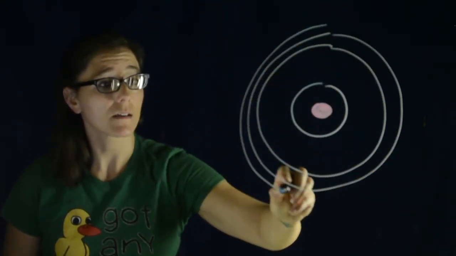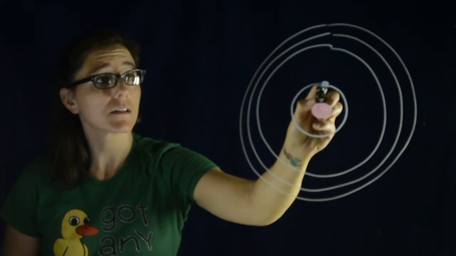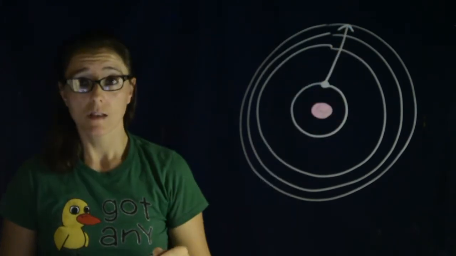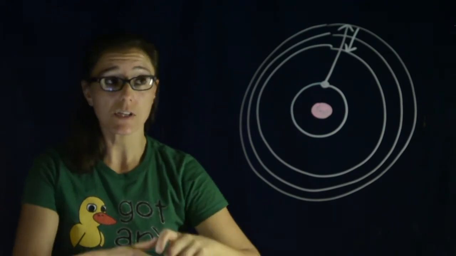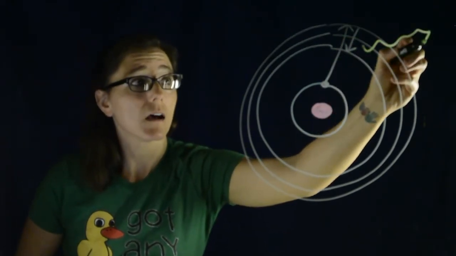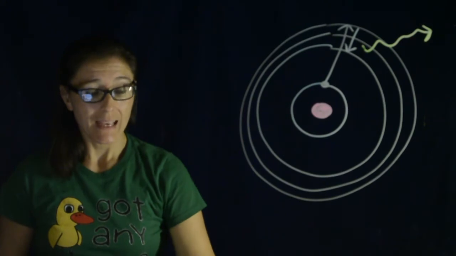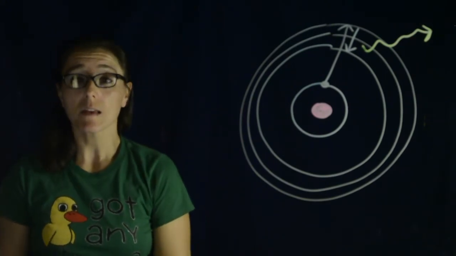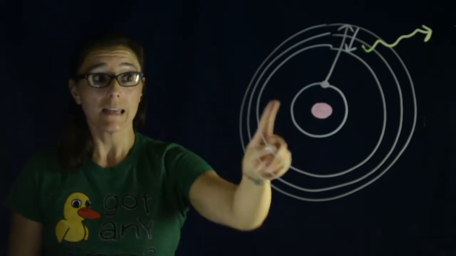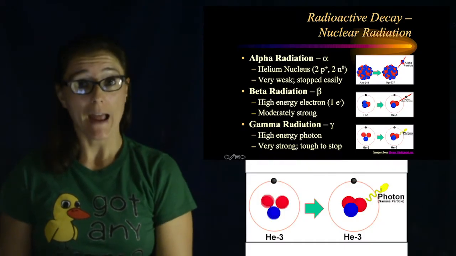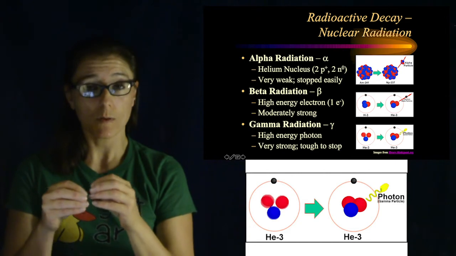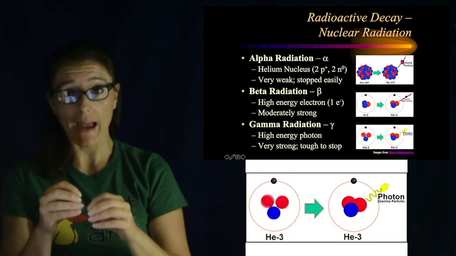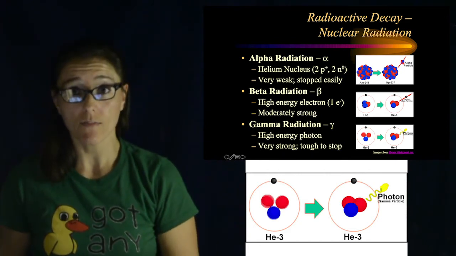And we also discussed that when an electron jumps up an energy level, when it jumps back down, it will actually give off energy in the form of light. It turns out that the same thing is happening inside the nucleus. In the nucleus, protons are actually oriented in energy levels. And when protons move up energy levels and back down, they also give off light.